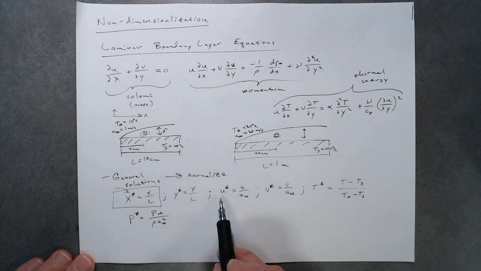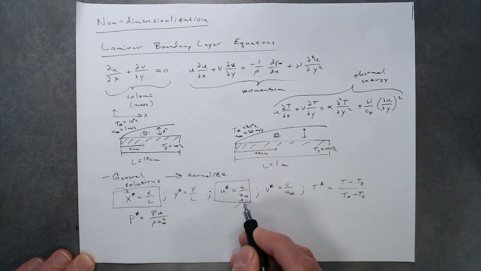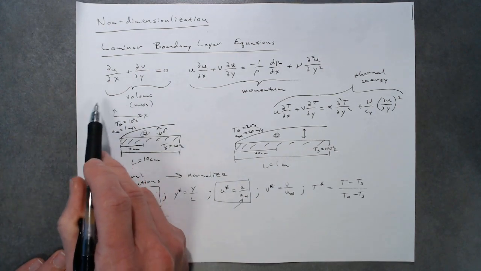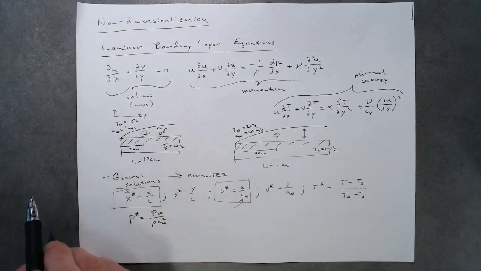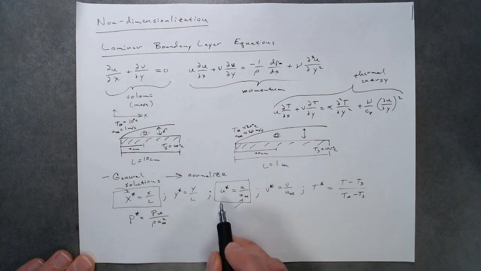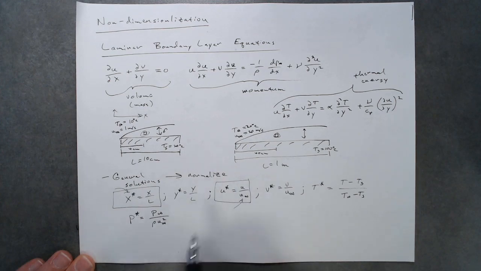Well, the velocity we can likewise normalize relatively easily with respect to the free stream velocity. So we have a free stream velocity somewhere a long ways away upstream and away from our surface. So if we divide the velocity by that free stream velocity, we get a non-dimensional number. Again, all of the variables with a star superscript are non-dimensional.